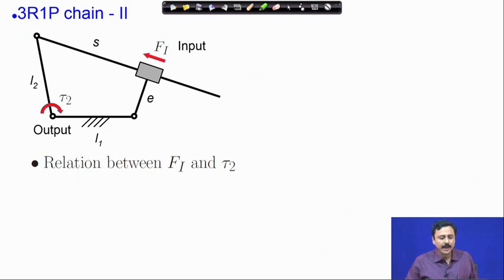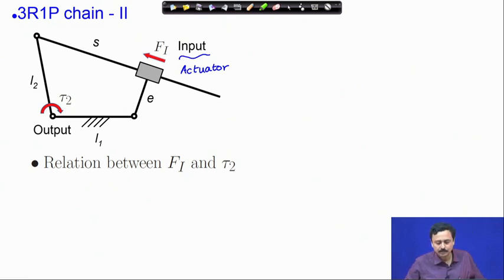Now, if you look at the 3R1P chain of type 2, we have the input here. So, we consider maybe a hydraulic or a pneumatic actuator, and the output is the torque tau 2.